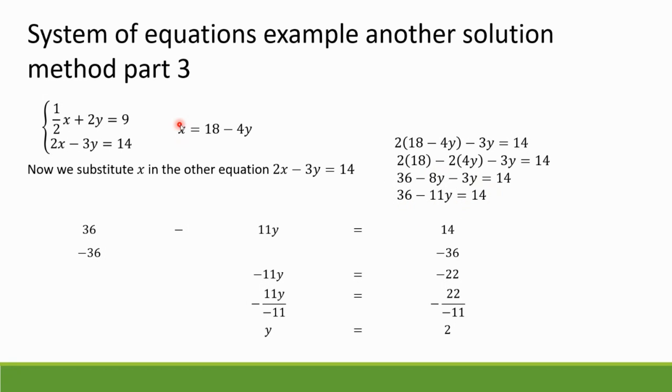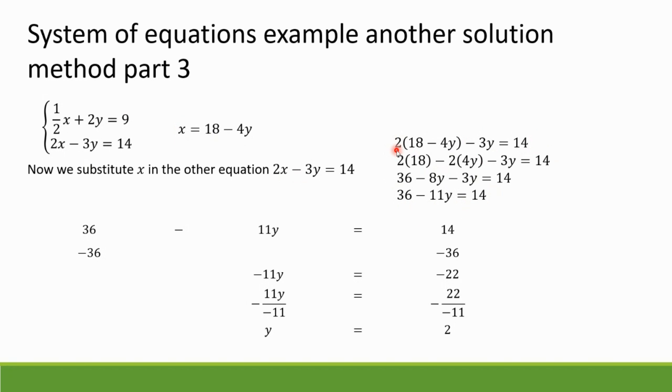So again, we got x was 18 minus 4y, right? That was from the first equation. We plugged it into the second, actually over here. That's how we got this, as you can see.